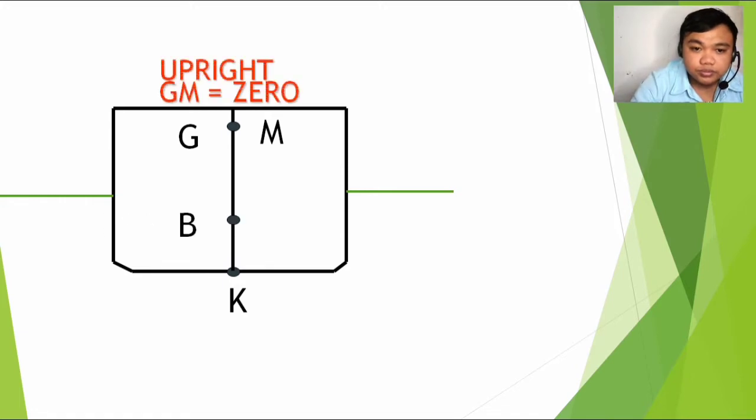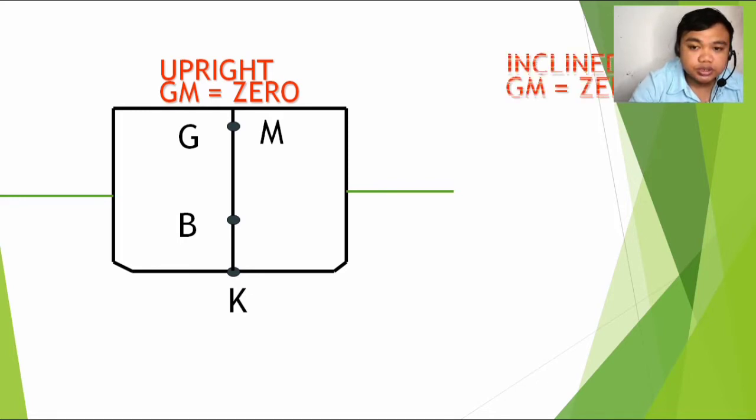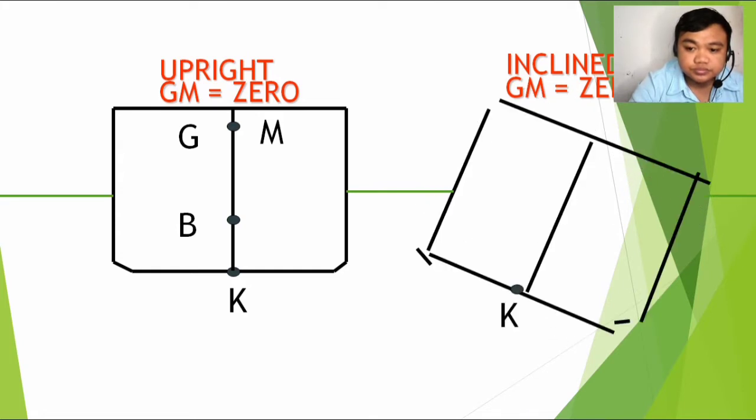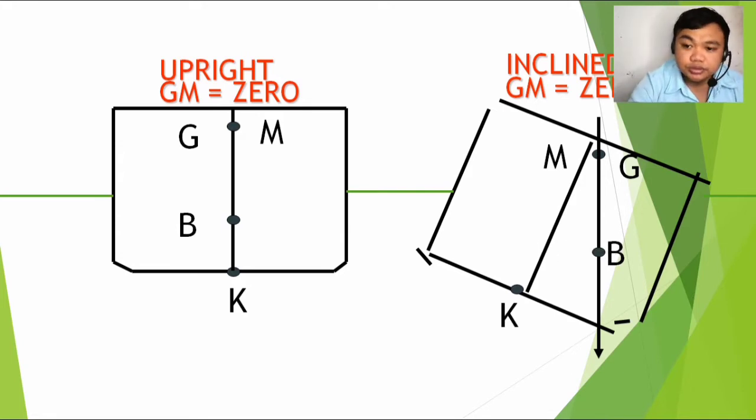Now if we have a ship which has a 0 GM, or a neutral stability, if it will tilt to one side, then the lines of force will be equal.